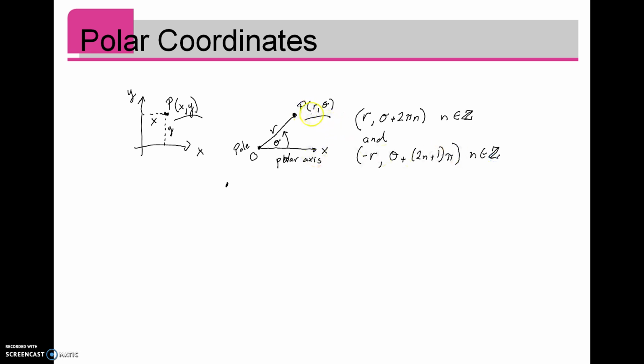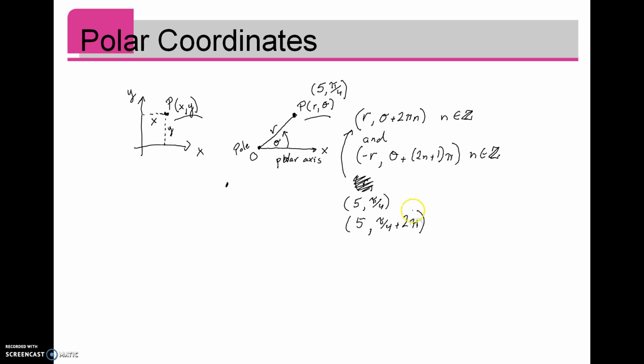So for example, this point P, which is r, theta, could be represented, if we take this idea, as r, the same r, and we could just take theta. Let's do an example here. Let's just say this is 5 pi over 4, just for example. So we take that 5 pi over 4, and that can be represented as 5 pi over 4 plus, we'll say n is 1 here, so plus 2 pi.